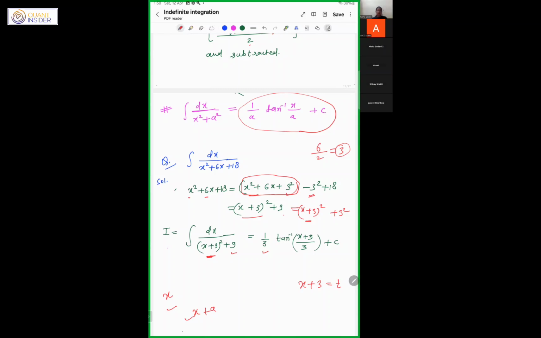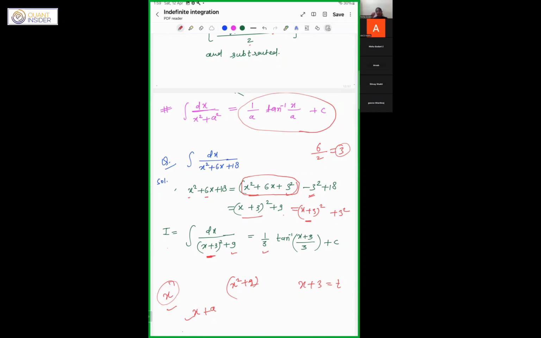But you cannot do it for another kind of expression. If you have a formula for x, then in place of x, if you have, suppose, x square plus a, or x square plus something, you cannot apply it. I think you are getting my point. Here you have x plus 3 whole square, and the formula was x square plus a square, and here you have x plus 3 whole square plus 3 square, which is a square.